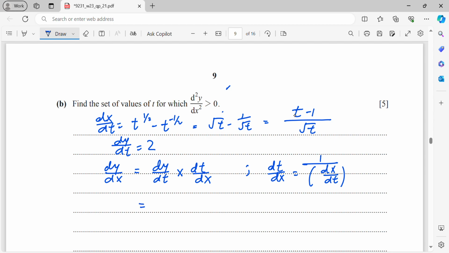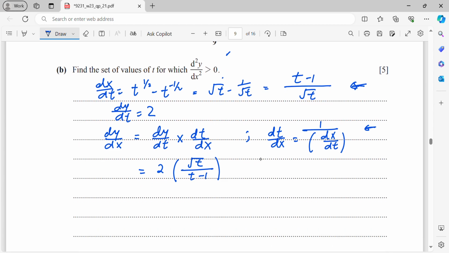So here, this is 2, I times dt dx. So I need to invert this, right? So that means it's square root t over t minus 1, based on this concept. So now I rewrite, this is basically 2 square root t over t minus 1.